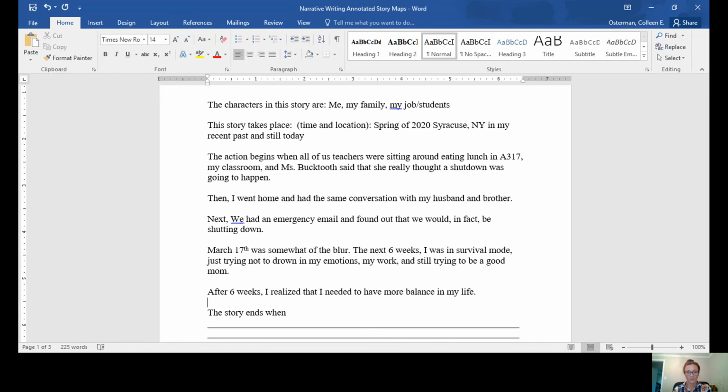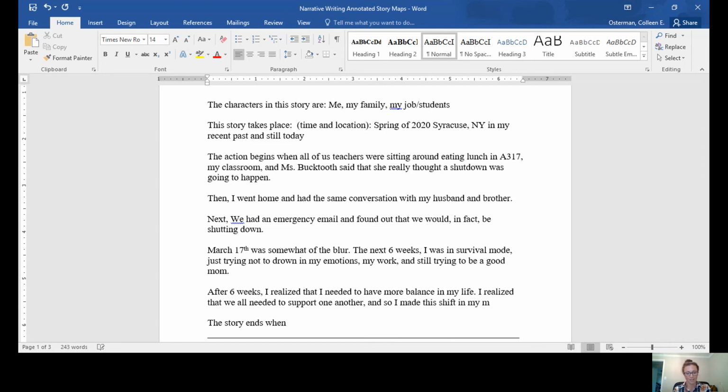So then this paragraph, I'm going to talk about how I started to overcome that obstacle. I realized that we all needed to support one another, and so I made this shift in my mentality.